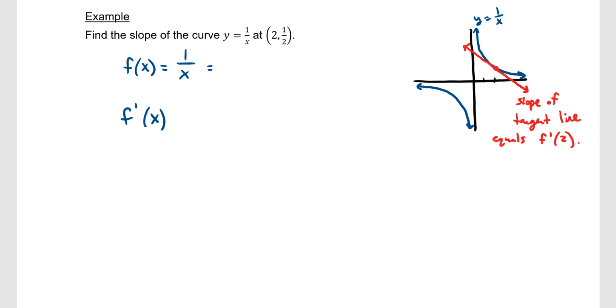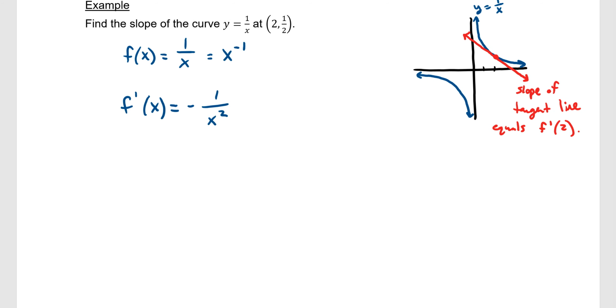We actually did this on the previous page, so I'm just going to write the answer here. It's -1 over x squared, or negative x to the -2. So if we want f prime of 2, all we have to do is plug it into the derivative. So plug it in, and we get -1 over 2 squared. So we get f prime of 2 equals -1/4.